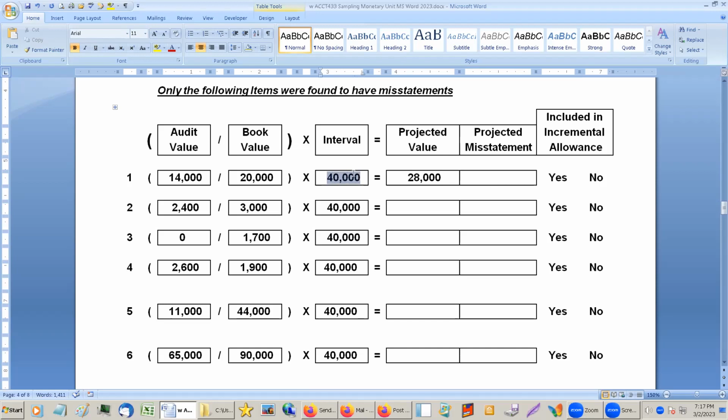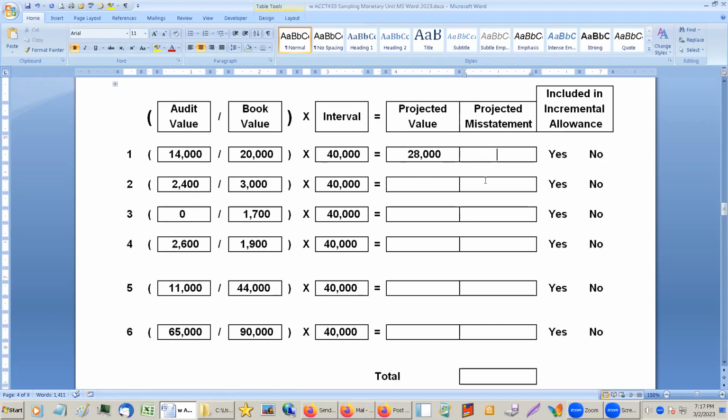What's the projected misstatement? $12,000? Yep. Good. All right. So our projected misstatement is 12,000.